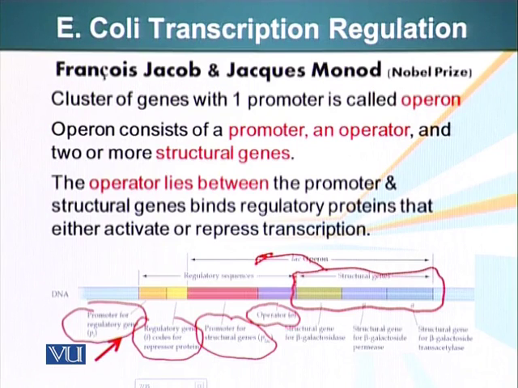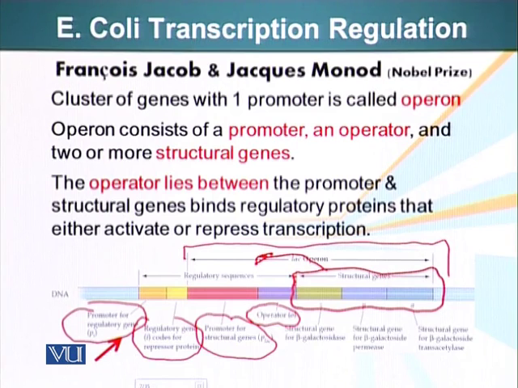An operon is a regulatory sequence of a particular gene, and the operon is the regulatory sequences plus the structural genes. So this is our lac operon. So this is the anatomy of the operon. We are going to study how this functions.